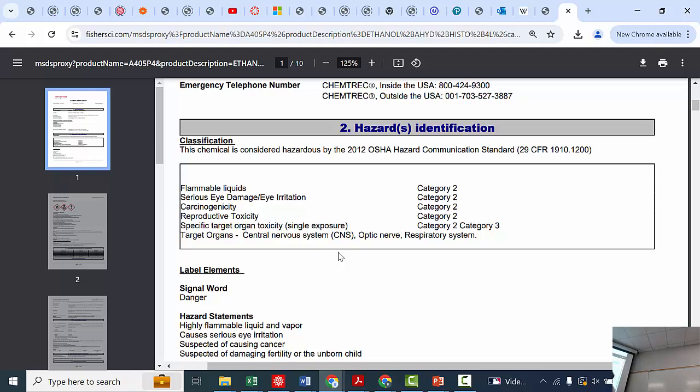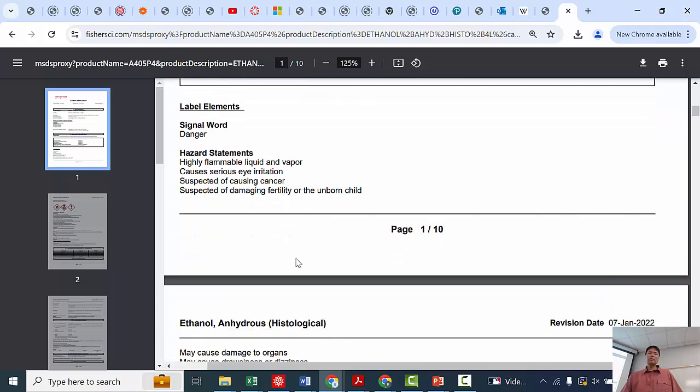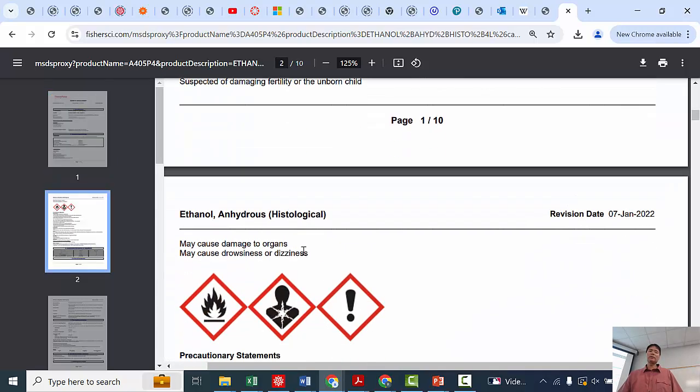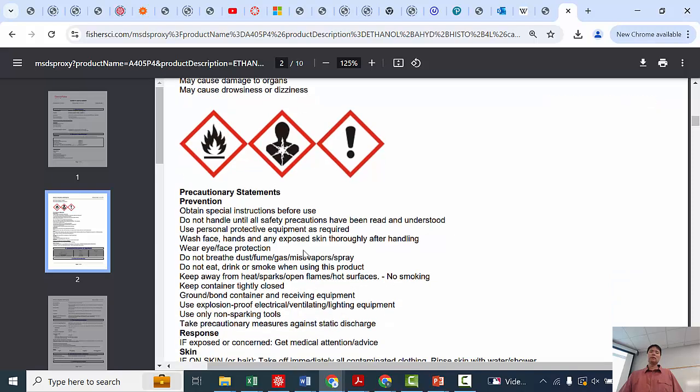But, you know, it's a category 2 carcinogen, ethanol. Still people drink it. Serious eye damage, eye irritation, category 2. Signal word, danger. And so it's hard to get a gauge on how serious the hazards are. Lots of people drink alcohol and other stuff. And so when you read this, it all kind of starts sounding the same.